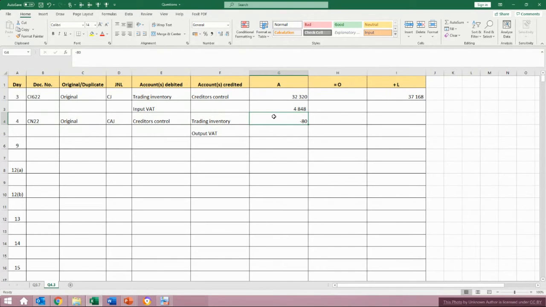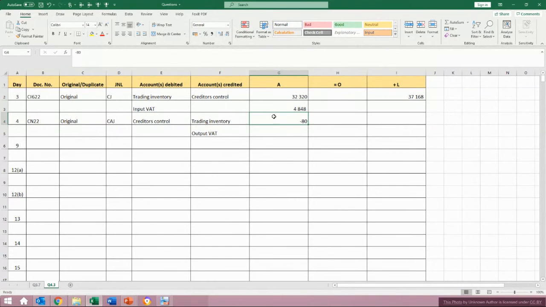Where does creditors control go? What category is creditors control? Okay, creditors control, is it an asset, owner's equity, or is it a liability? Okay, so it's a liability.